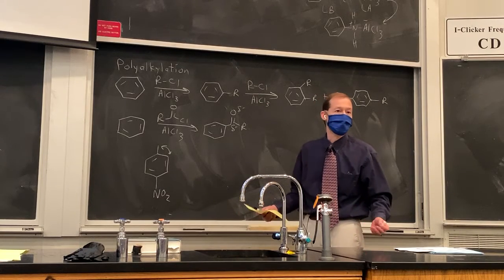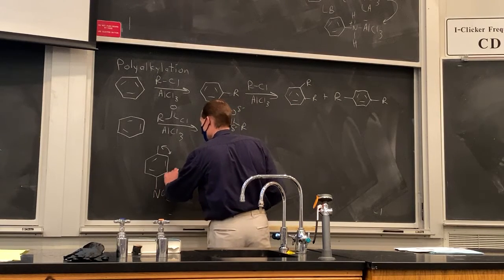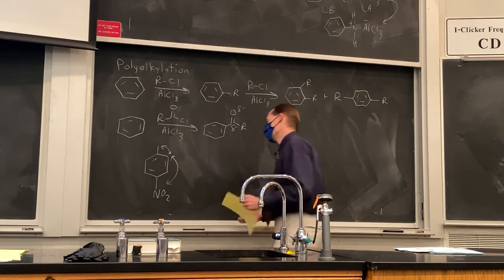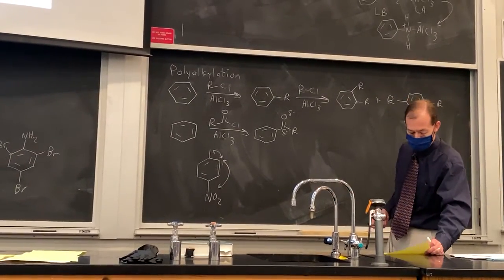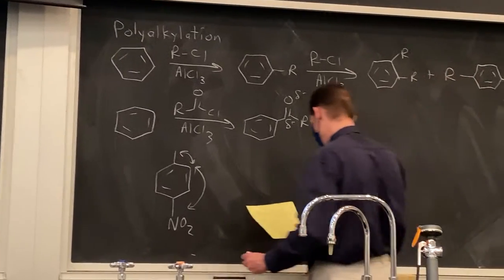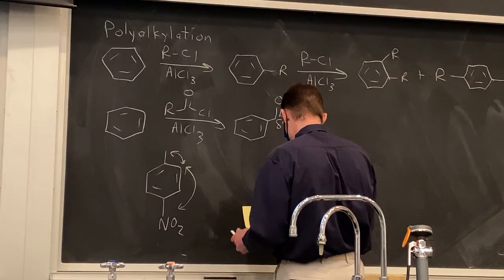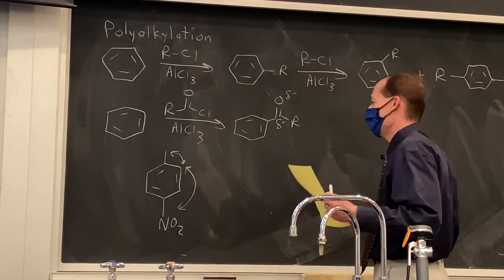Okay, what about the nitro group? That's a meta director. And the carbon meta to the nitro group is the same as the carbon ortho to the methyl group. So we're in business in this case, in that we would be able, oh, never mind.